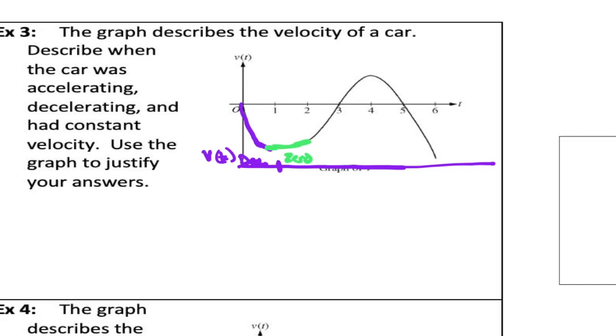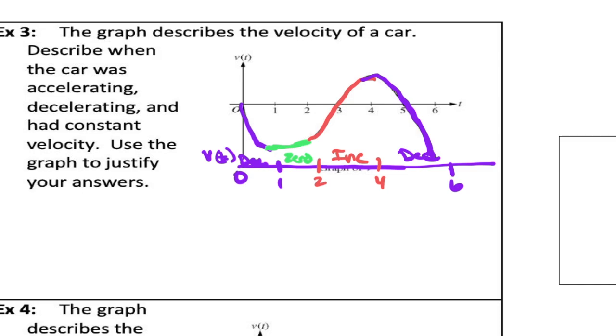Now, once it hits 2, it looks like my velocity is increasing from 2 until 4. And then as we go from 4 to 6, my velocity seems to be decreasing. So there's a lot going on in this graph with respect to the increasing and decreasing components of your velocity.